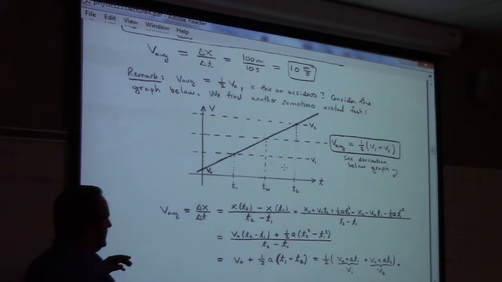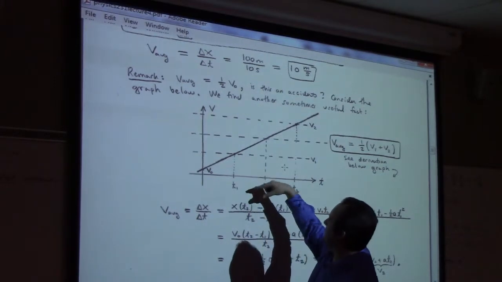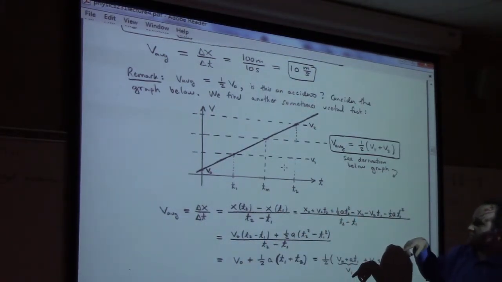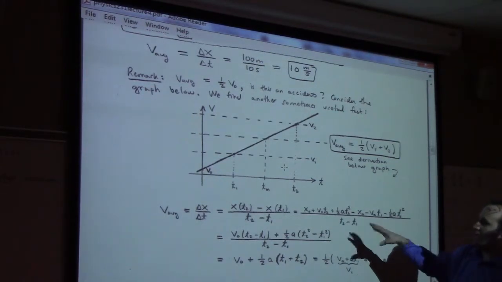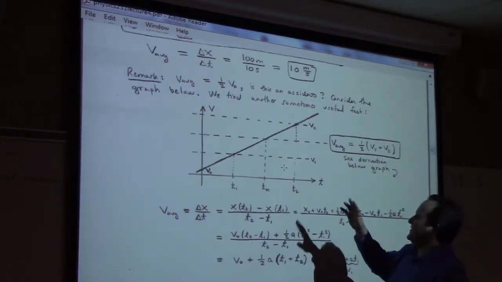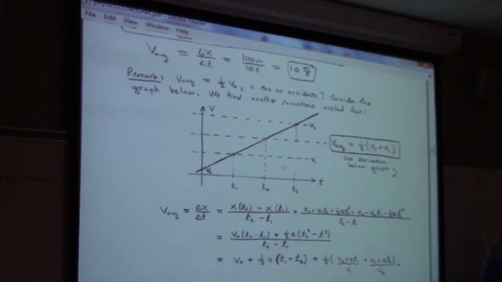Now, here's what's going on. I'm deriving something more general down here, but the slope is wrong. This is not part of that example.